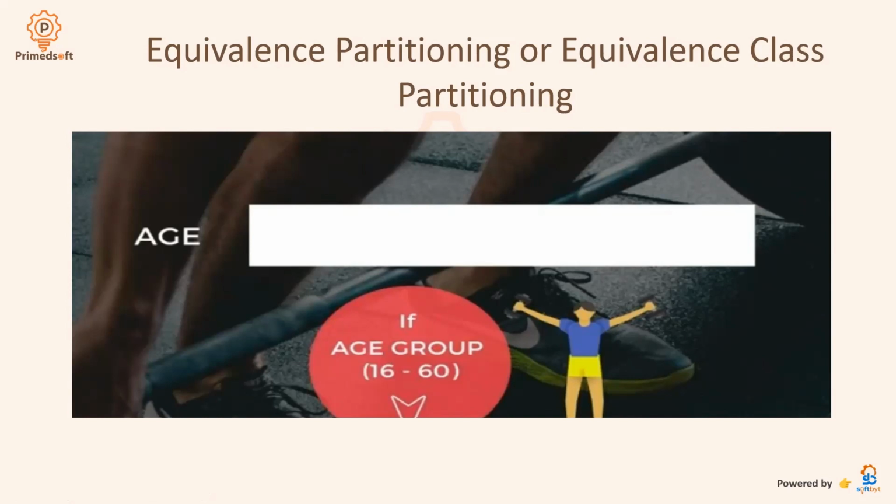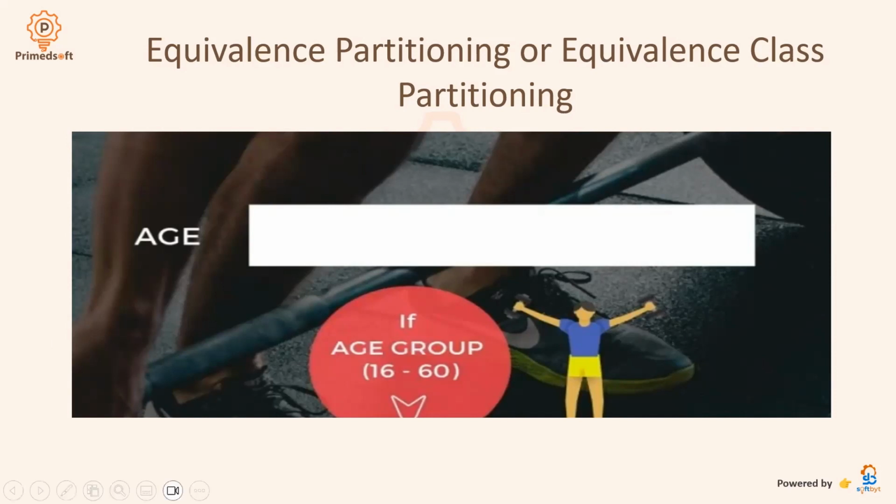What would you do? You will partition these numbers into valid and invalid partitions, or valid and invalid classes. Once you partition it, every number within the valid is expected to behave the same way, and every number within the invalid is expected to behave the same way.